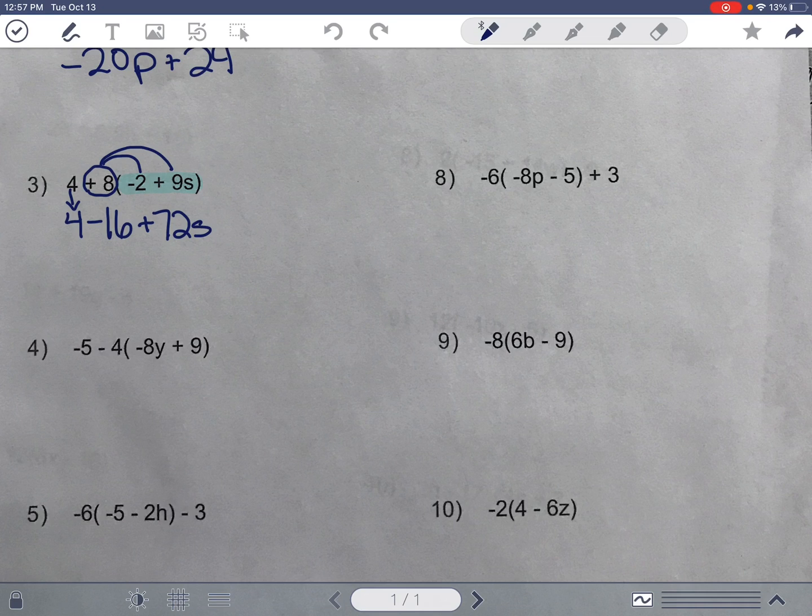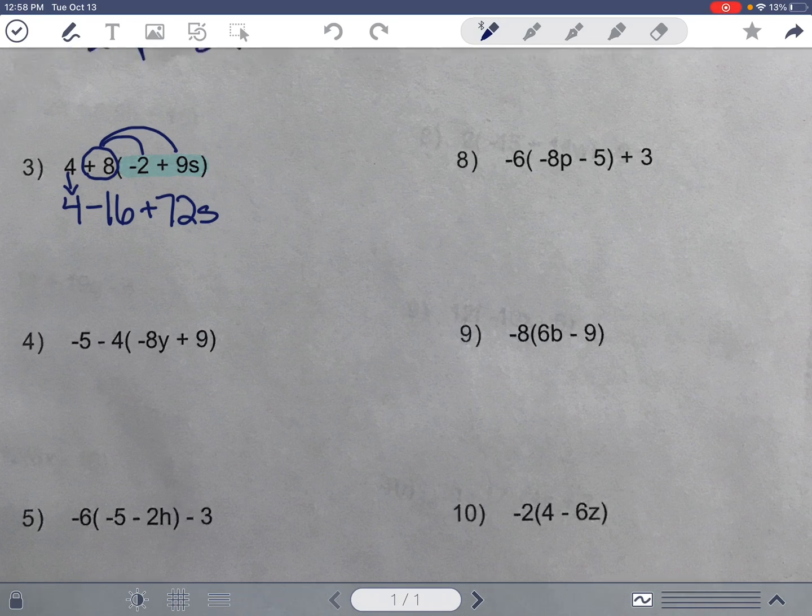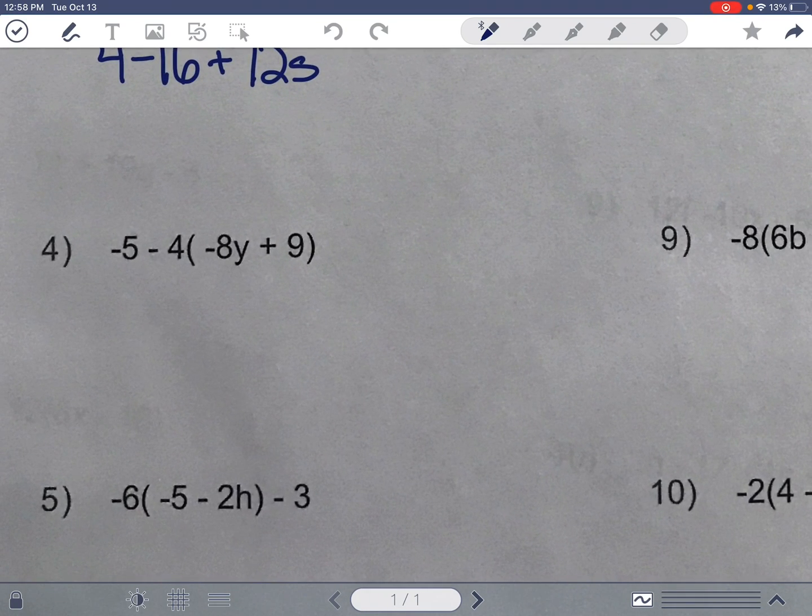Okay, let's talk about number 4. We'll work through that one as well. All I'm applying right now is distributive property, and I notice that these are the two terms inside of the parentheses, and the term that gets multiplied to both of them is negative 4.